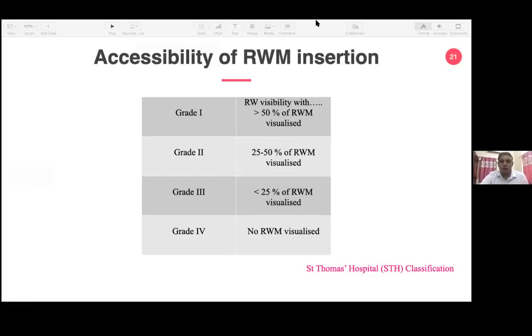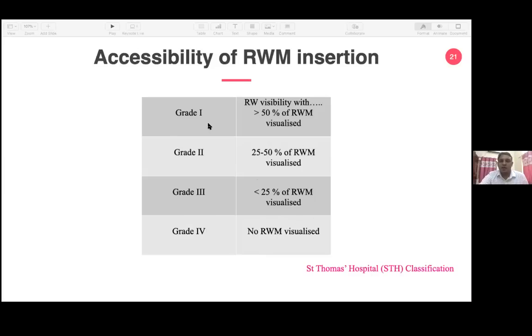If the round window membrane is visible by more than 50%, it is called grade 1. If the round window membrane is visualized only up to 50%, that is 25 to 50%, that is called grade 2. If it is visualized less than 25%, that is called grade 3. If the round window is not visualized, then it is called grade 4.